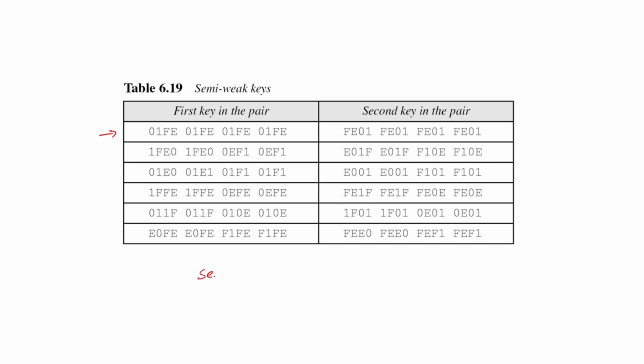That's why we call it a semi-weak key. A weak key creates the same round key for all 16 rounds, while a semi-weak key creates only 2 unique round keys for all the 16 rounds.